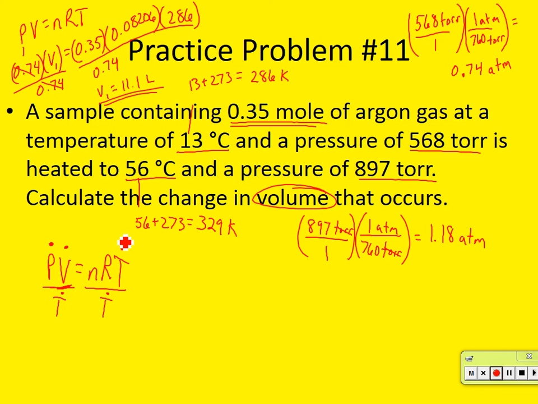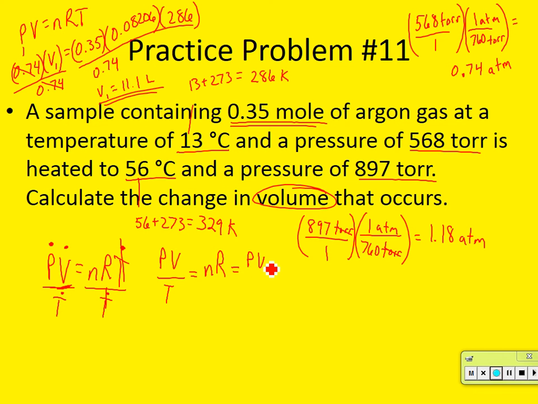Okay. Over here it cancels out. So I'm getting this PV over T is equal to nR. Yeah, pressure, volume, and temperature are changing, but they're still going to equal these constants, right? And whatever they change to is going to equal the constants as well.